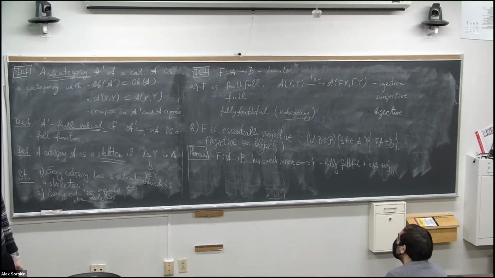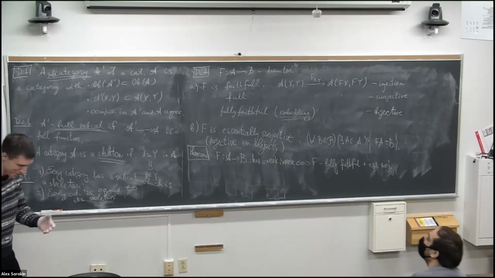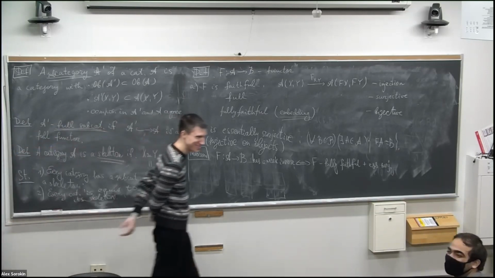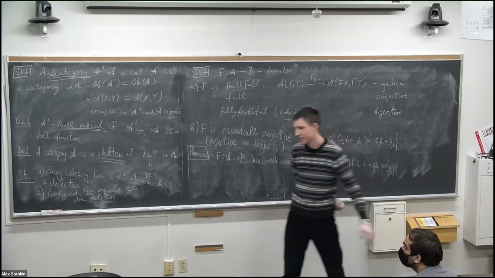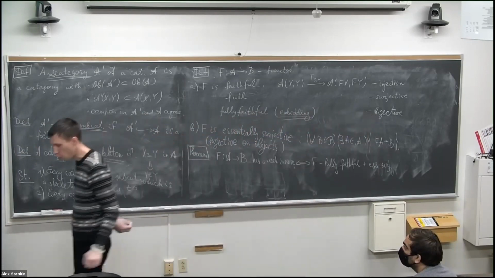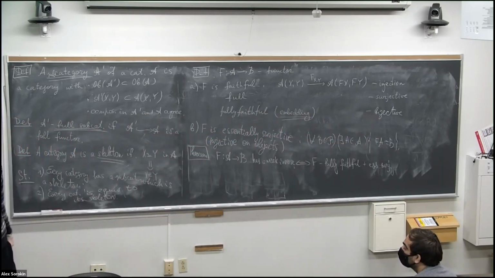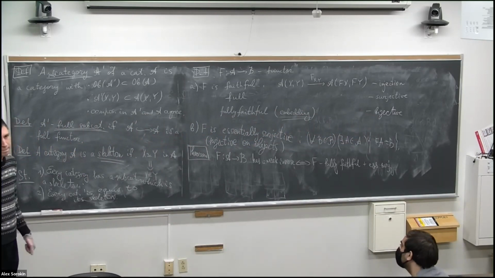How do we do this? Maybe this is a stupid question. There are no stupid questions, there are stupid answers. So I guess a skeleton is unique up to something. All skeletons are equivalent.